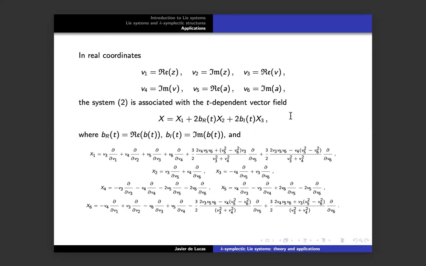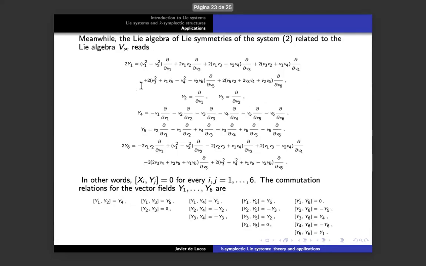In this case, this is the third order jet of the Riemann sphere. On the Riemann sphere you have homographies, and you can extend homographies to this third order jet.